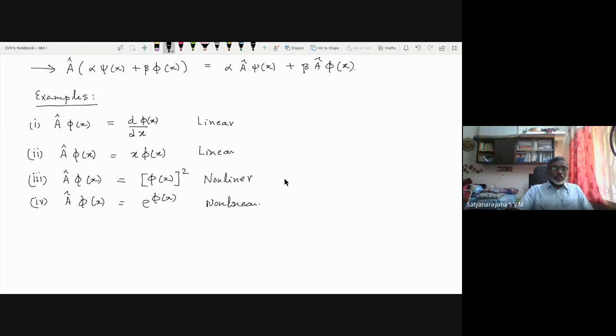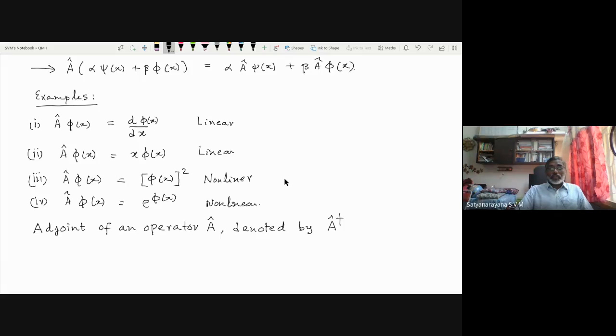Then we will talk about an operation called the adjoint of an operator. Okay, adjoint. The adjoint of an operator A, we denote by A dagger.